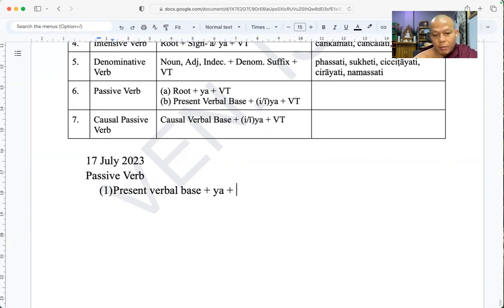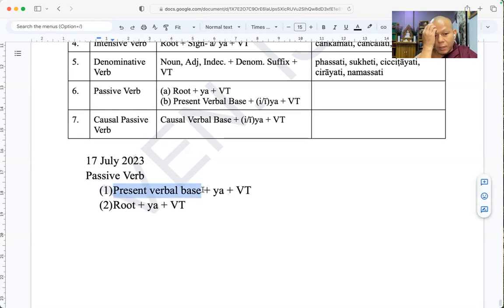After that, the vowel termination. Another way is to take the root, and then the passive voice suffix "ya," and then the vowel termination. So we have two ways.